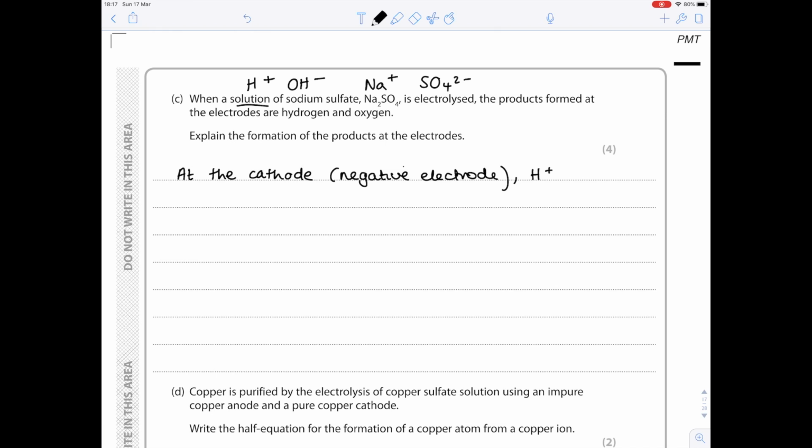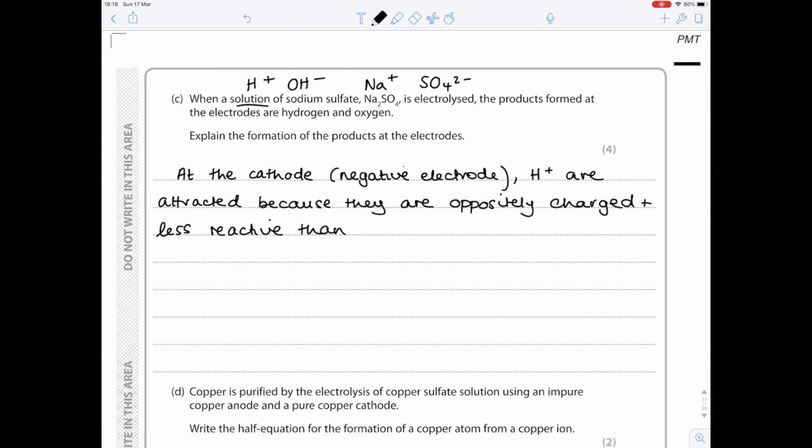So hydrogen ions are attracted because they are oppositely charged and less reactive than sodium. And we can even write the summary equation for the formation of hydrogen. So H plus plus e minus forms H2, which is diatomic, so we need to balance.